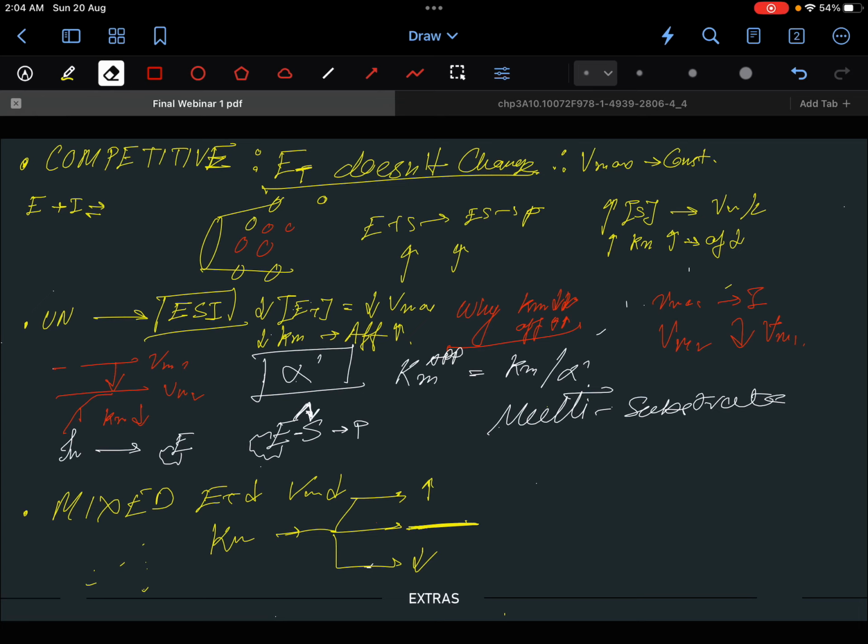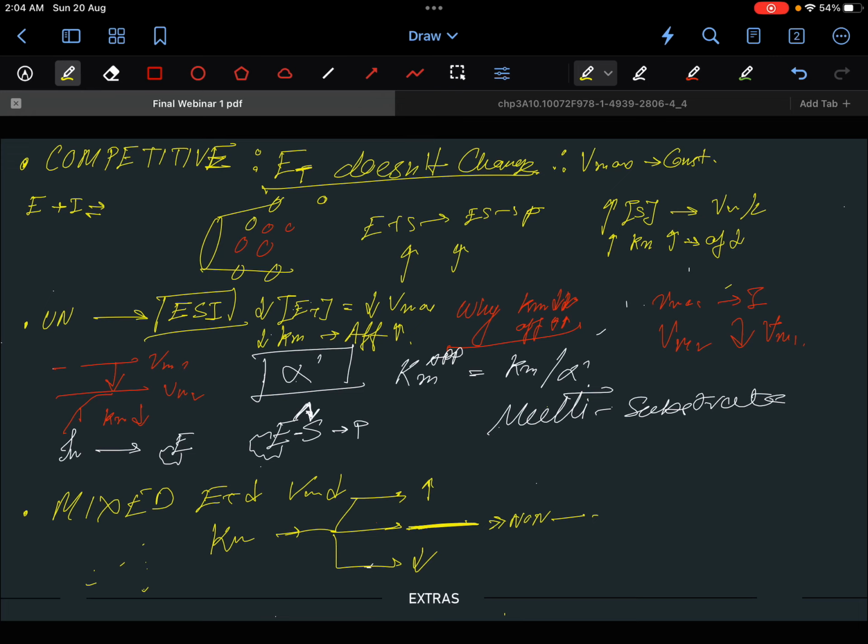Okay. So in such a condition where the pull is the same, or alpha and alpha dash are the same, this condition is known as non-competitive. This is a special kind of mixed inhibition where alpha and alpha dash are the same, and it is known as mixed non-competitive inhibition. And this non-competitive inhibition, interestingly, is the kinetics of irreversible inhibitors.